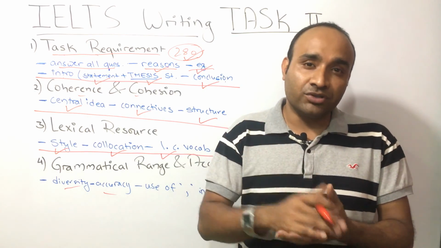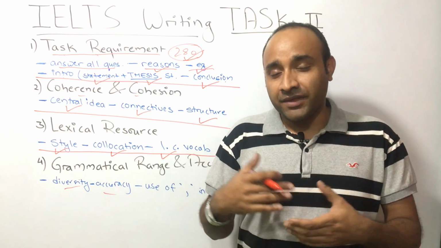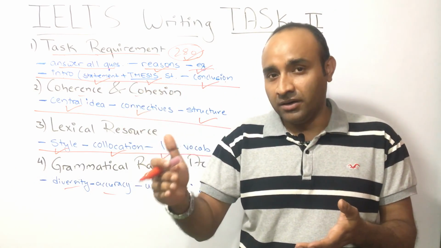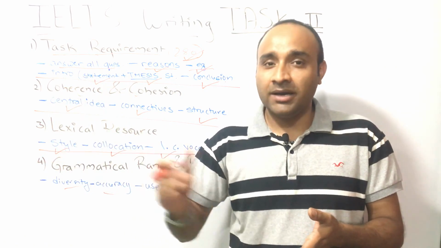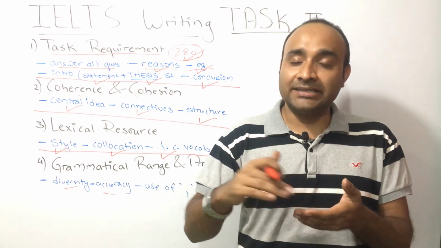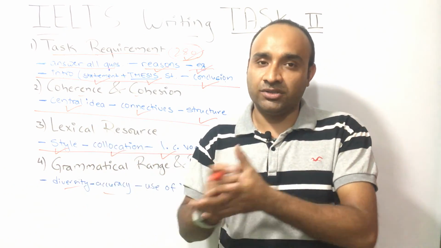So if I am going to talk about education being free, then I could say, "Human right, comma, for instance, comma, has been a hot topic of discussion, and it can never be achieved without free education."